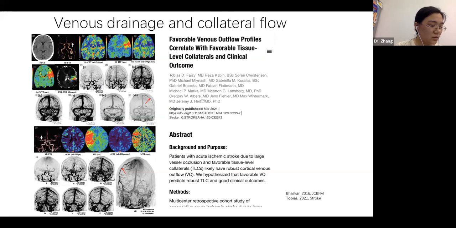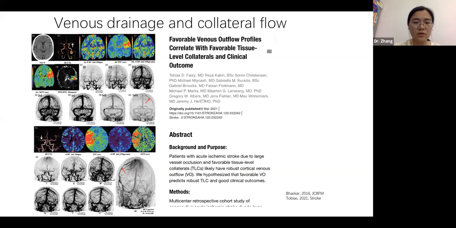But today we not only talk about the collateral, we also need to know the relation between the venous drainage and the collateral flow. Actually, in recent studies, many studies found that favorable venous outflow profiles correlate with favorable tissue level collaterals. Actually, it depends on how they diagnose or how they observe collaterals.